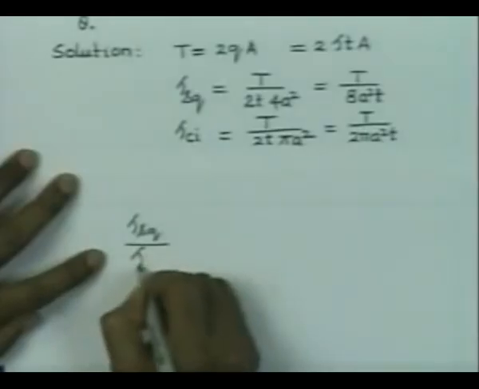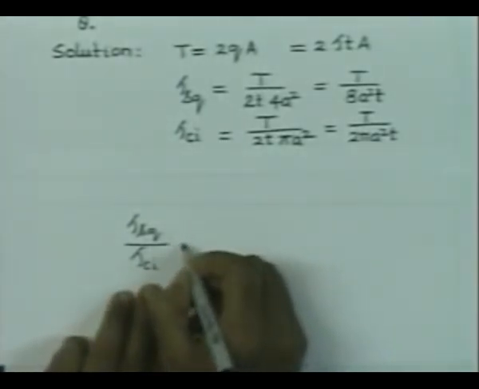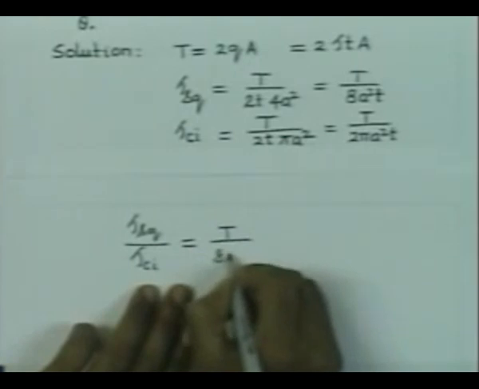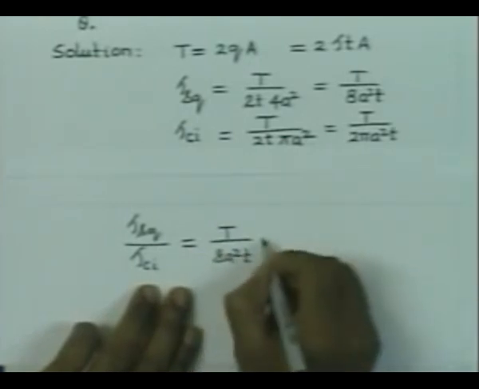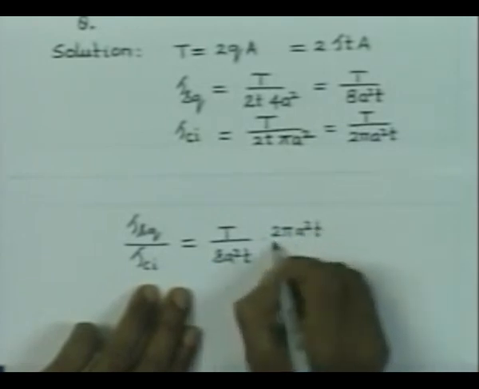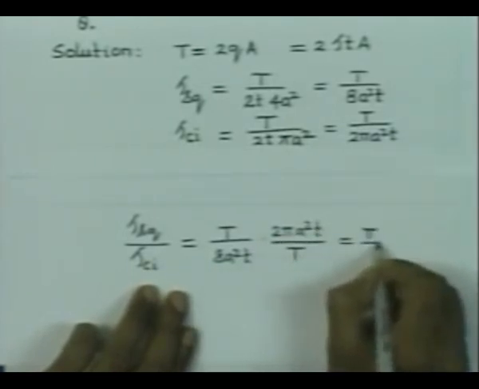So, if we now take the ratio of tau square to tau for the circle, T by 8 a square t over T by 2 pi a square t, this is pi by 4.